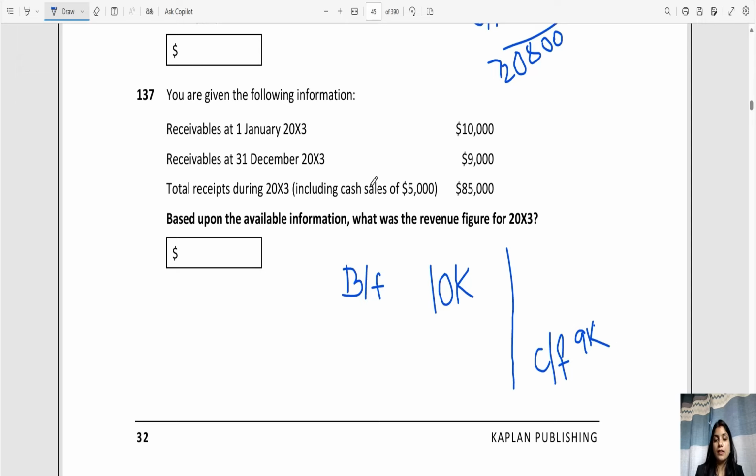So here is a trick. They have certain cash sales as well of amount 5,000, which should not be part of the receivable. Only the sales on credit will be part of the receivables, and the cash sales of 5,000 couldn't be part, so we need to deduct this amount, and the total receipt will now be 80K.